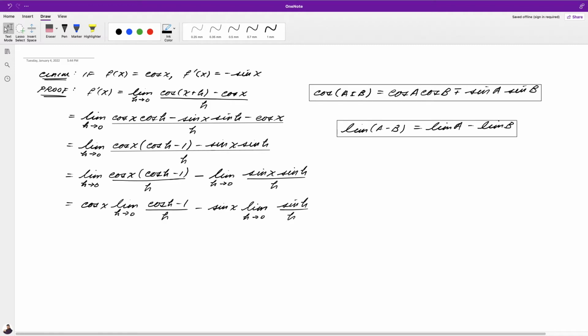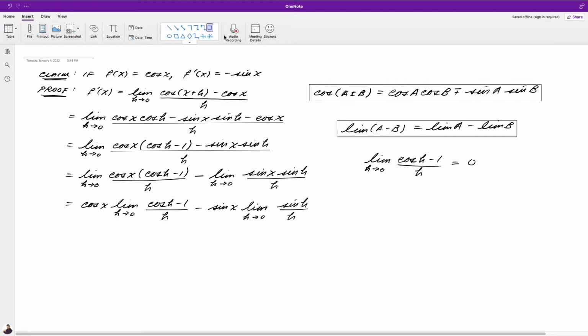Now, a couple of very important limits that are typically presented in an introductory single variable calculus class are as follows. The limit as h trends to 0 of cosine of h minus 1 over h is equal to 0, and the limit as h trends to 0 of sine of h over h is equal to 1.